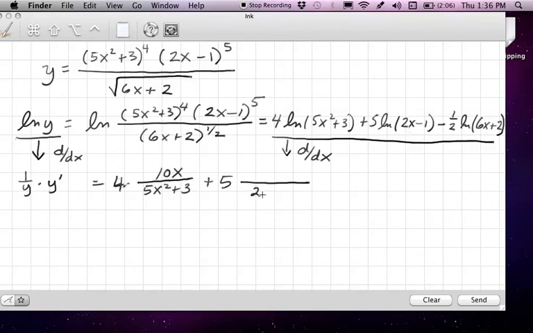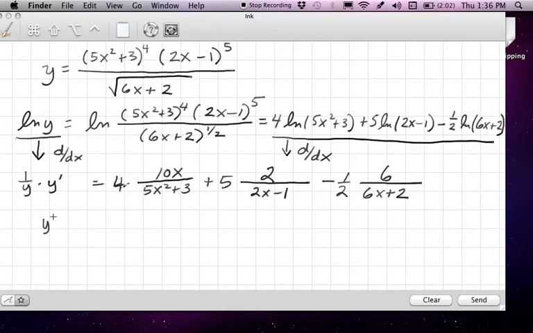2x minus 1. The derivative of 2x minus 1 is 2, minus 1/2, 6x plus 2, and its derivative is 6. And so then now multiply both sides by y. I can do a little cleaning up.